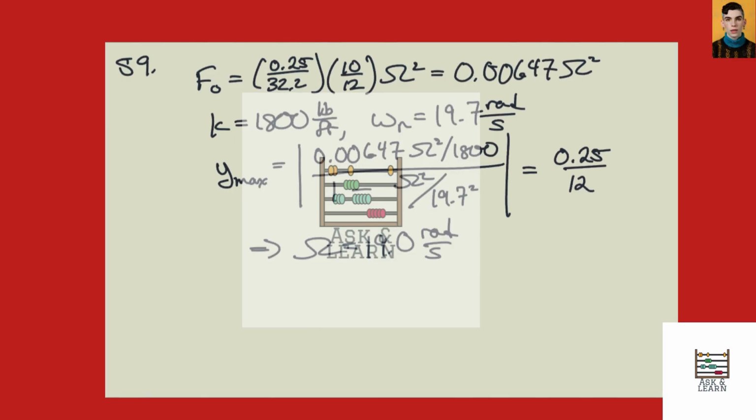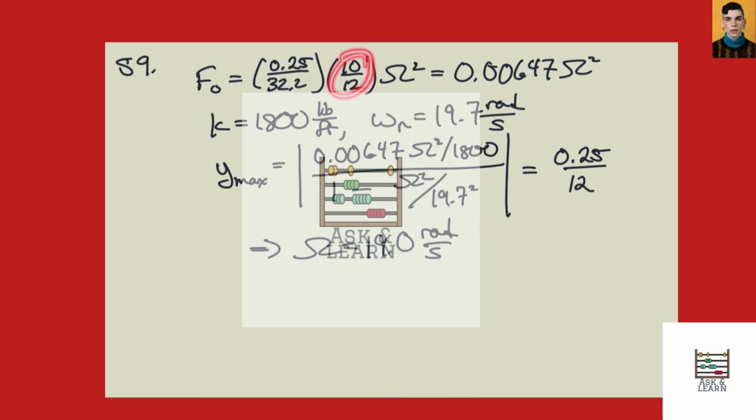In this problem, we are given kind of the inverse of what we've been asked for in the past. So we want to determine the angular velocity of the flywheel, which will produce an amplitude of a quarter inch. So we have our unbalanced mass is 1/4 pound divided by gravity.